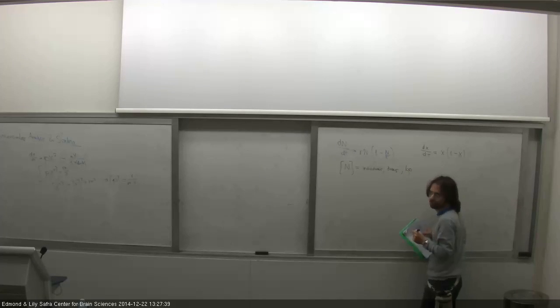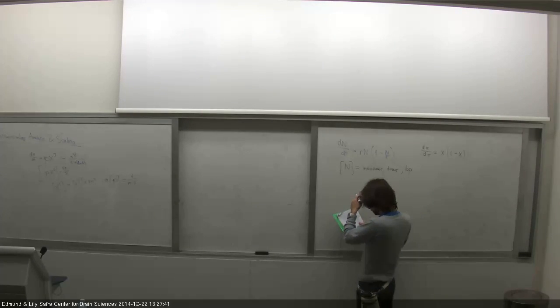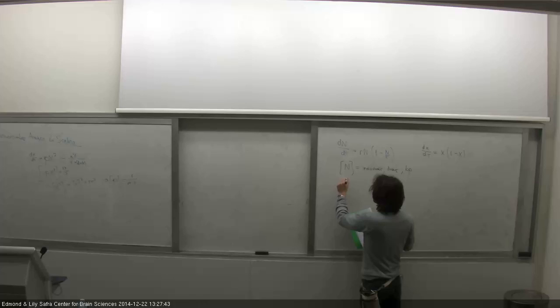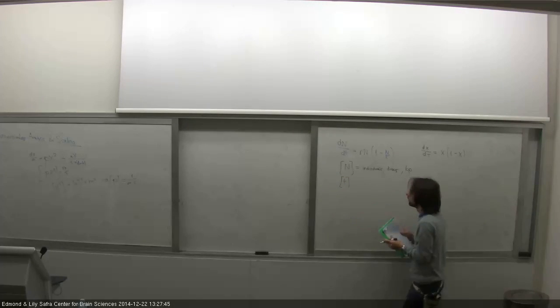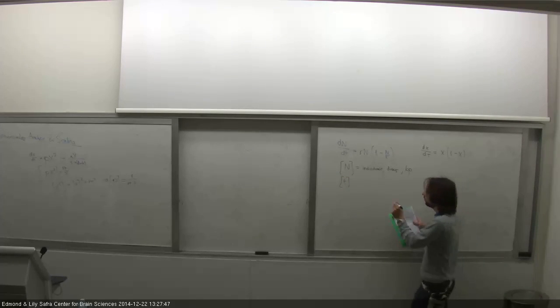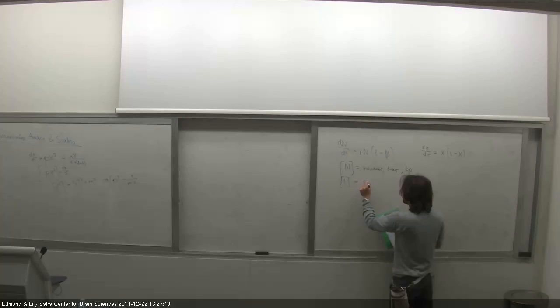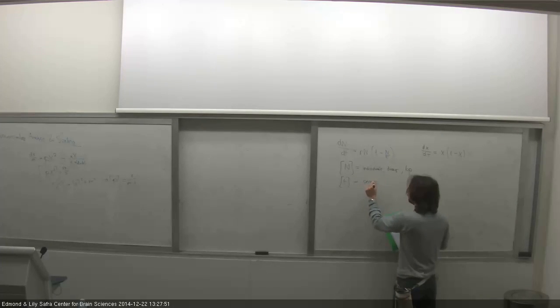A kiloperson. t has the dimension of time, so that could be seconds. Although with a population, we might be interested in days or years.